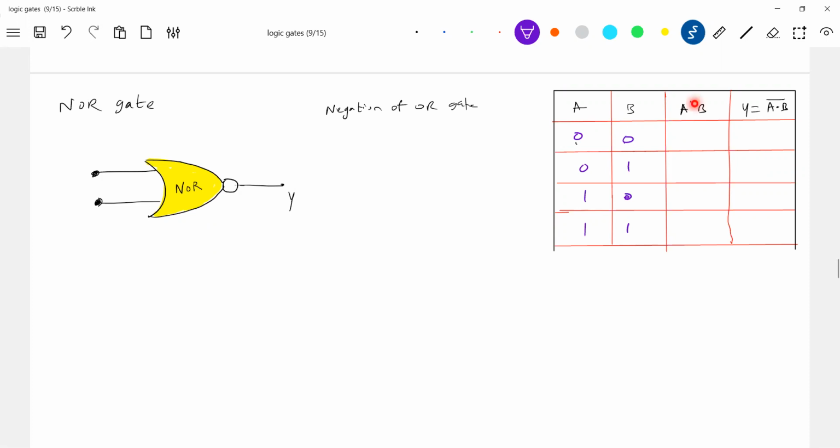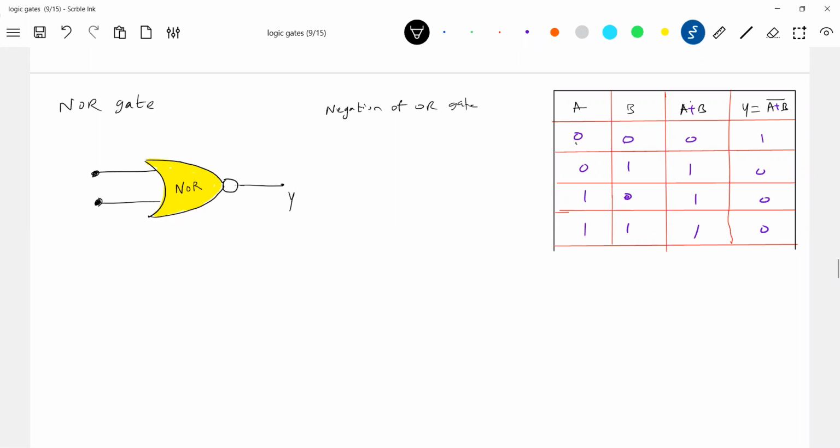It should be plus here. Now, when both inputs are low, the output will be low. No? In the remaining cases, the output will be high. The negation of that gives 1 0 0 0. So what is a NOR gate basically?